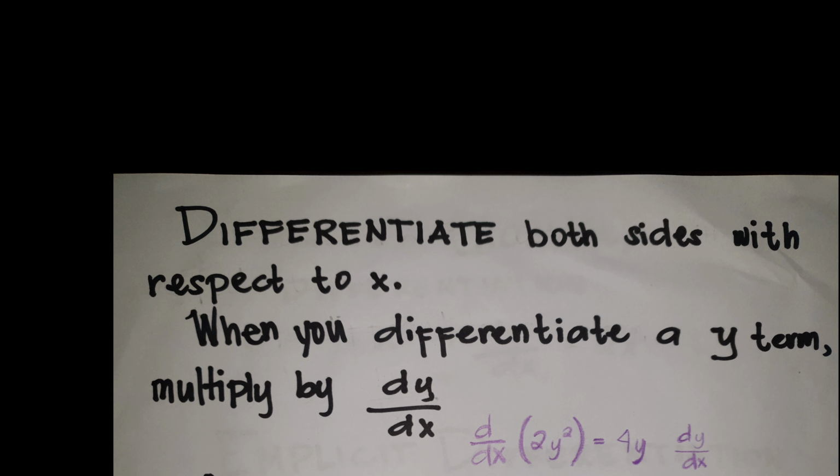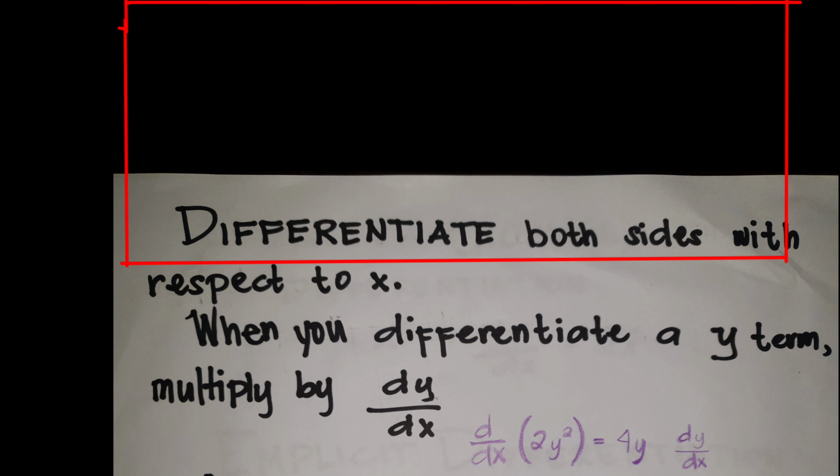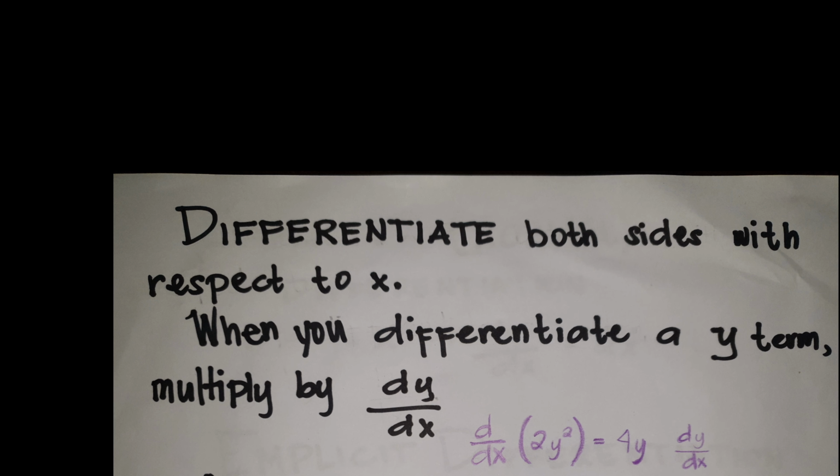Okay, so these are the two main steps for implicit differentiation. The first step is that you need to differentiate both sides with respect to x. The difference is that when you differentiate a term that has a y in it, you will need to multiply the term by dy dx.